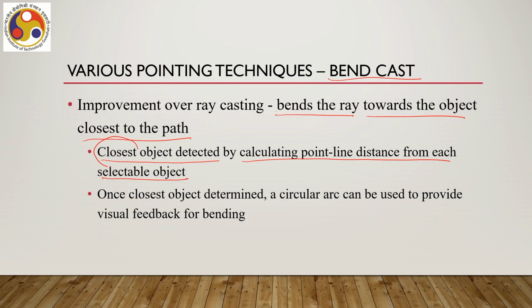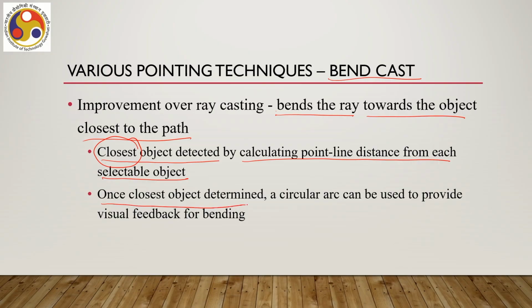So, essentially we need to identify while extending a ray which are the closest objects, and we have to cast the ray in a way such that the closest object, the object that we want to select, is the closest among all the objects around the path of the ray. So, there we do not need to precisely point to the object, but we can point the ray closest to the object.